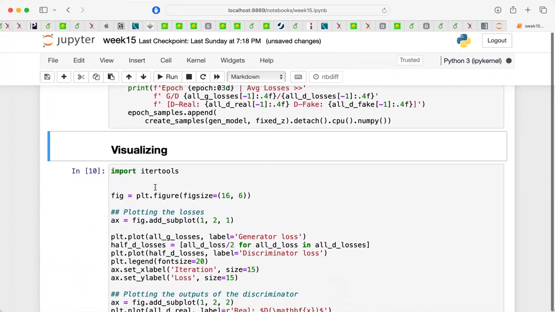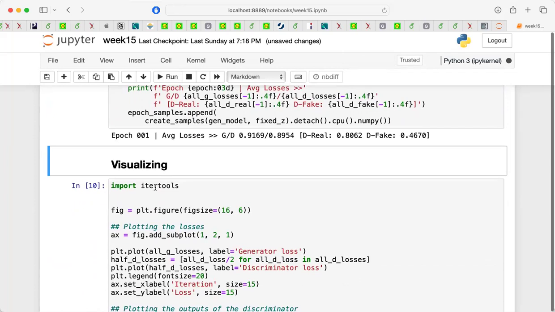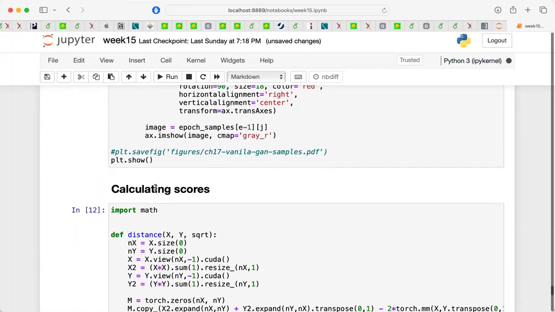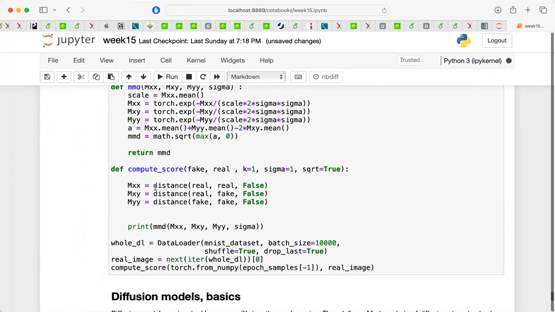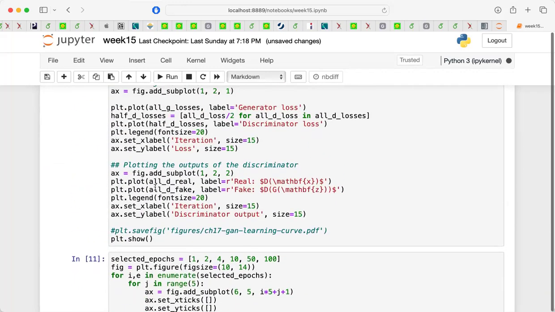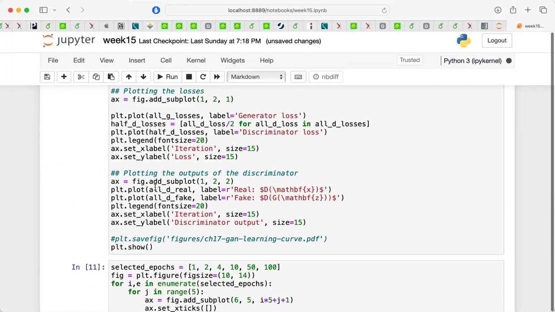And this is going to take a little bit of time. When you're done with that, you can visualize the results, and then you can calculate the scores at the end. So let's just wait a little bit. This is a simple setup because now it's running in the background.